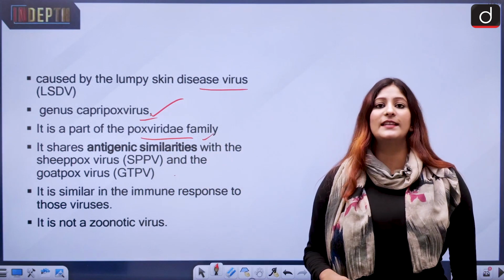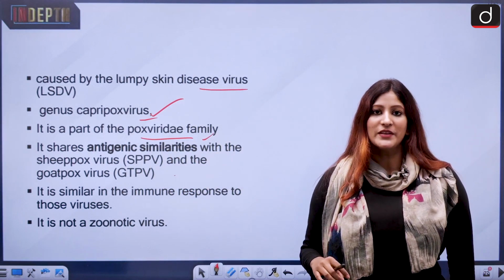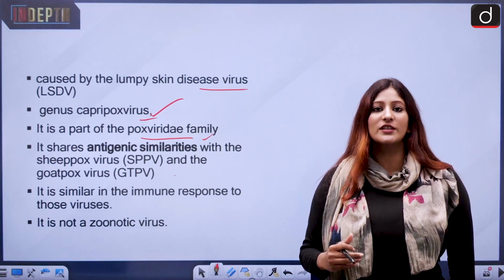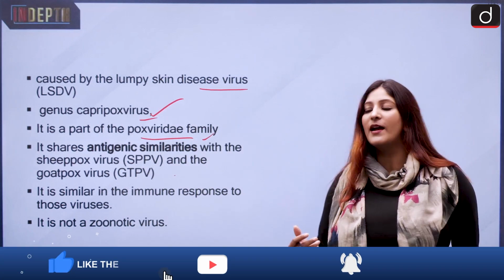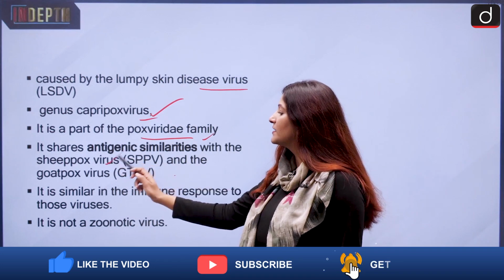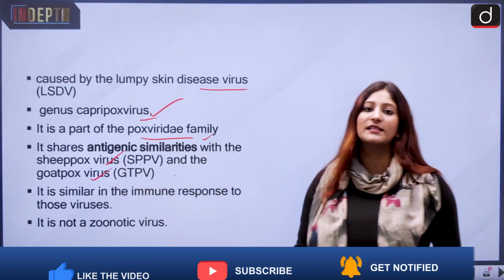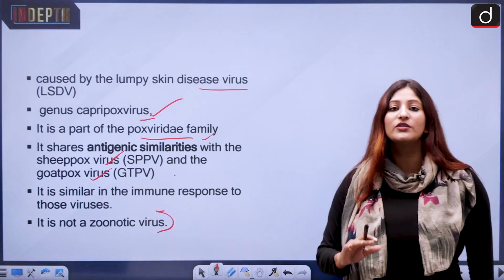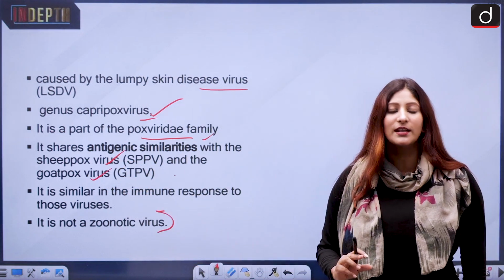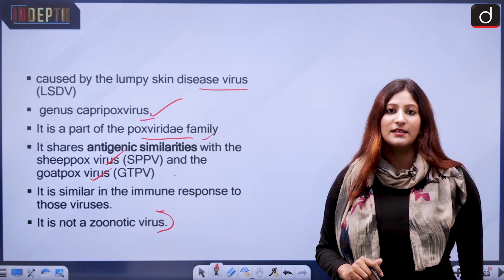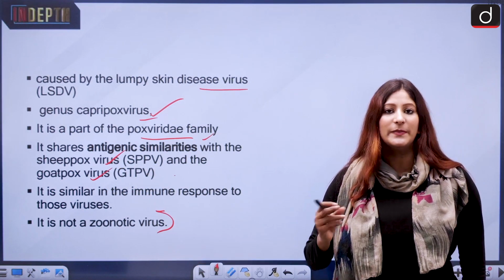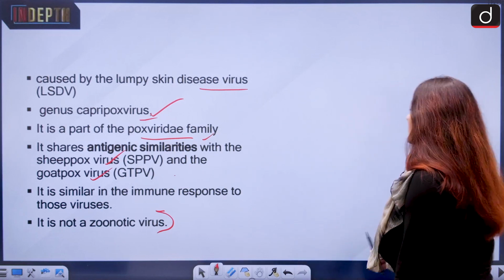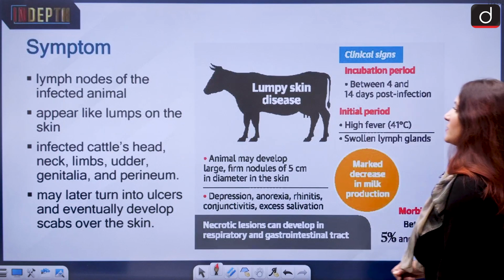It means that if any cattle is infected by this particular virus, the immune response will be the same as we see in sheeppox virus infection or goatpox virus infection. But one thing is of a huge relief to humans, that it is not a zoonotic disease. That means it cannot jump species from cattle, the bovine species, to human beings. So that is the only solace here.